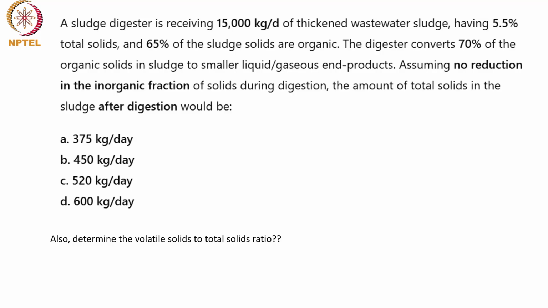So it's 160.875. Volatile solids to total solids after digestion is 160.875 divided by 450, which is nothing but 0.373575.